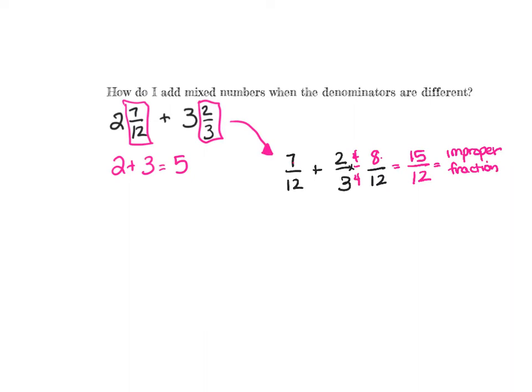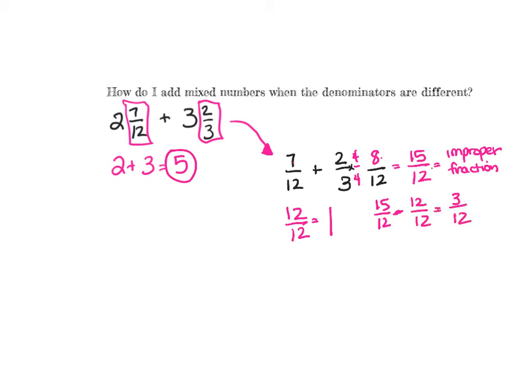And so we don't like to leave it like that because it makes it easier to add when we go back to add it to this whole over here. So we need to convert it. What do we know? We know 12 over 12 is the same as 1. So if we take 15/12 and subtract the whole, which is 12 over 12, that leaves us with 3/12.